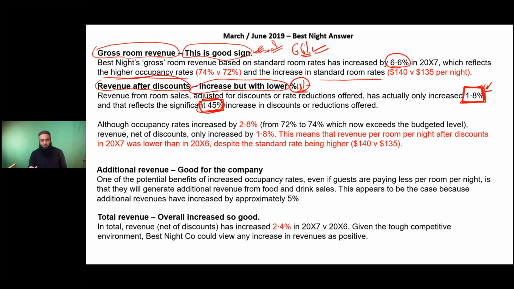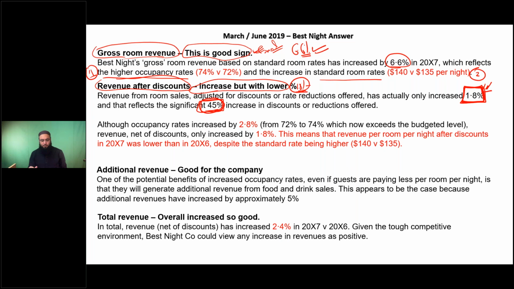When we were at the gross revenue, we said that reason one for the increase in gross revenue is the occupancy, right? And reason two is the price. Listen, there were two reasons for gross revenue.